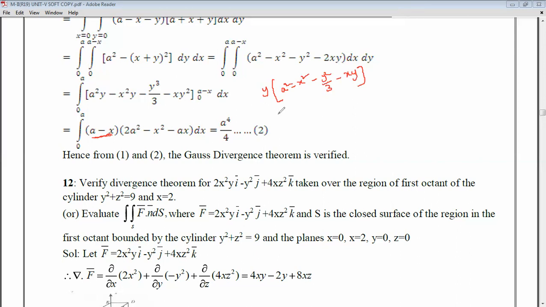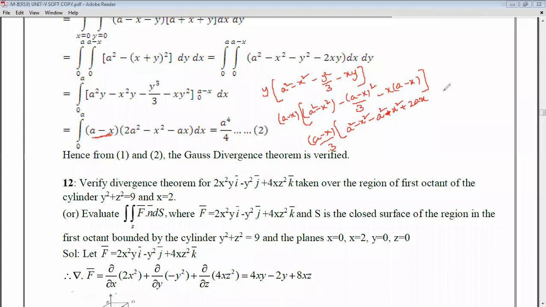After taking y as common and substituting the limit, a minus x into (a square minus x square minus (a minus x) whole square by 3 minus x into (a minus x)). Okay. So here we get a minus x into, and you can expand this one and then simplify. Suppose after taking the LCM 3, we can write outside a square minus x square, and this is nothing but minus (a square minus x square) and plus 2ax.